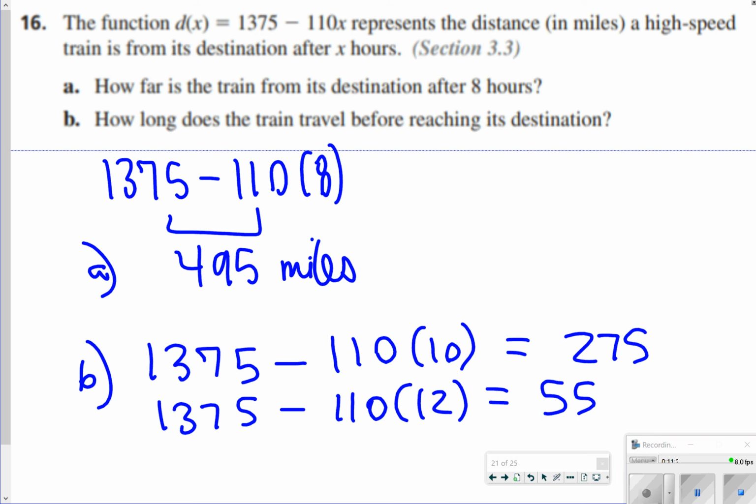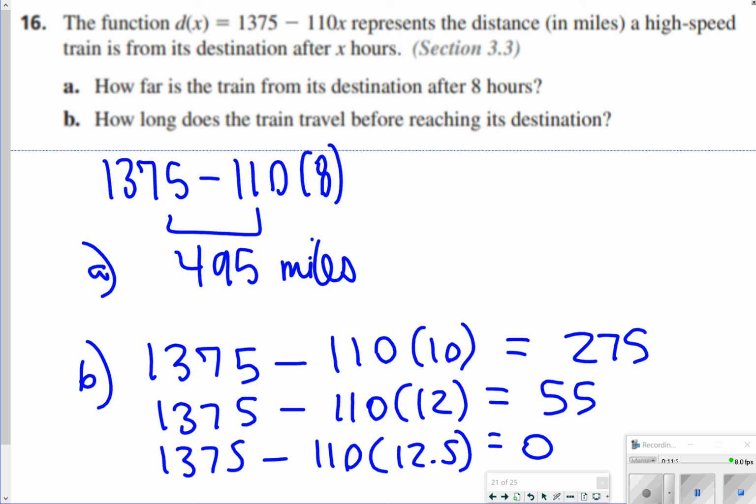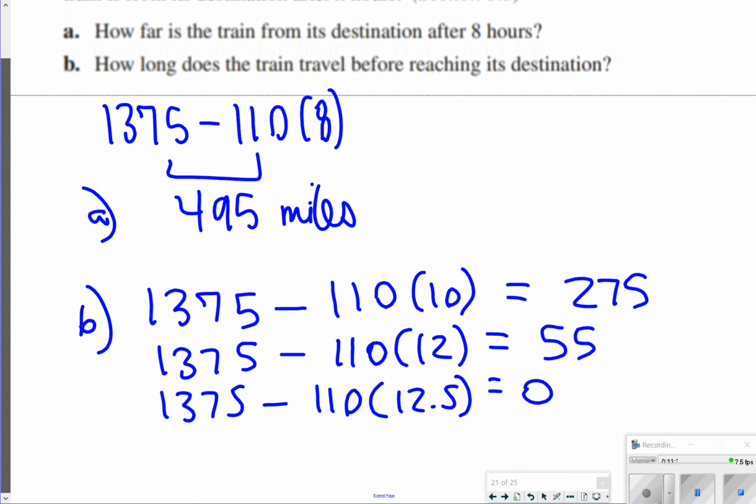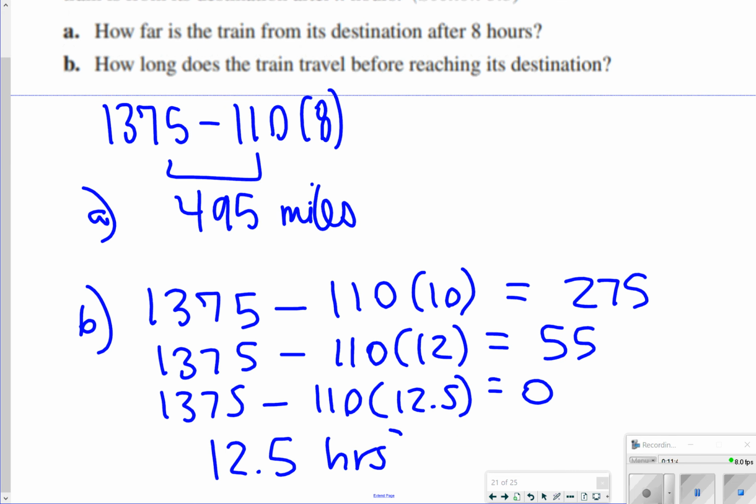So I know it's going to be a little bit more, so then I tried 12 and a half. And that is where it gets me 0. So your answer for letter B would be 12.5 hours. Okay, just when basically it is equal to 0 is what you're stopping for.